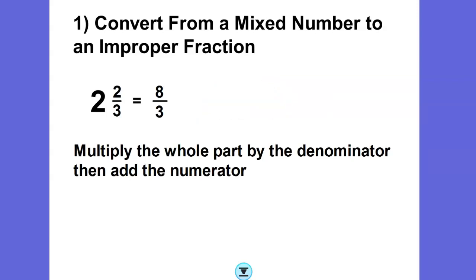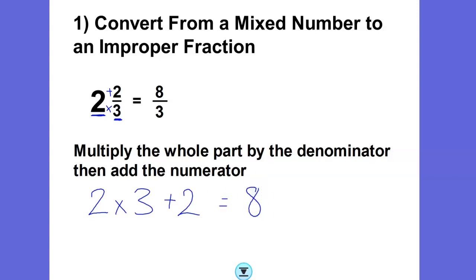Multiply the whole part, the 2, by the denominator, that's the 3, so 2 times 3, then add the numerator, the 2. So 2 times 3 is 6. 6 add 2 is 8.